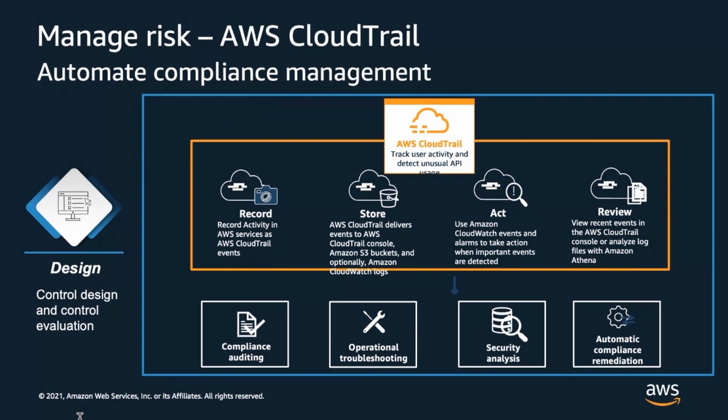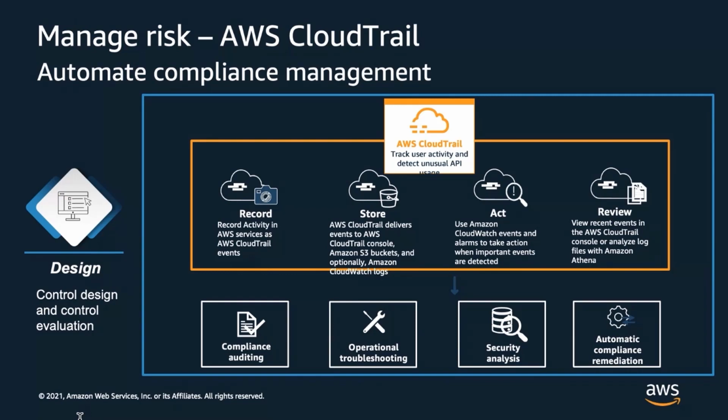Another service that helps us to enable compliance and monitoring within our AWS account is AWS CloudTrail. It's a service that enables governance, compliance, operational auditing, and risk auditing of your AWS account. With AWS CloudTrail, you can log, continuously monitor, and retain account activity related to actions across your AWS infrastructure.